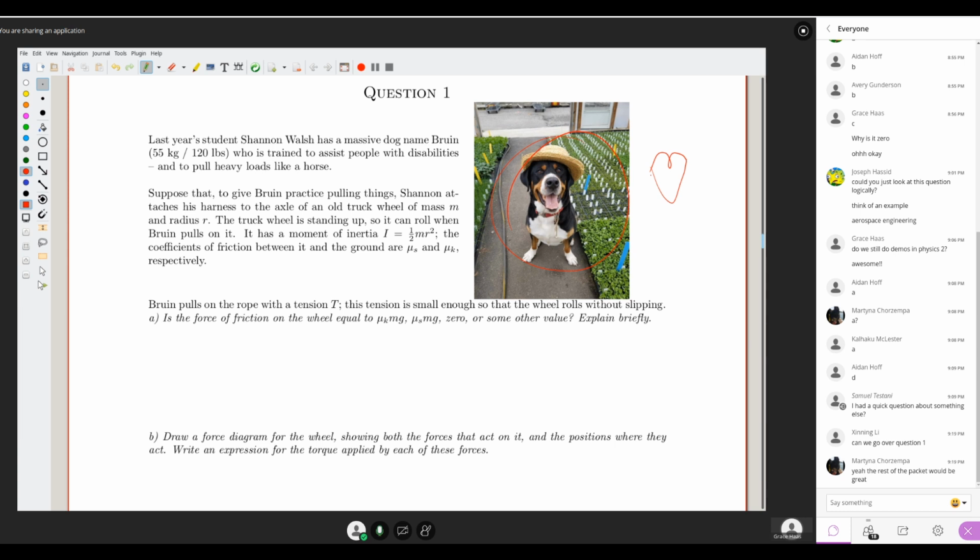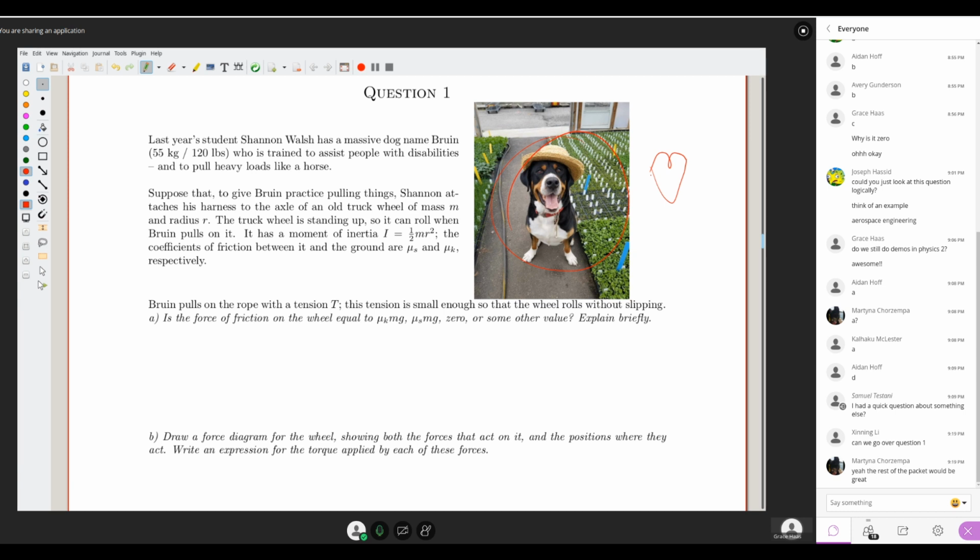So in this problem, rather than a spool falling down and being pulled down by gravity and rolling along its string, here it is being pulled not down but sideways by this friendly dog, and it is rolling along the ground. So it turns out that this problem will be really similar to what we just did, except here we're going to do the algebra.